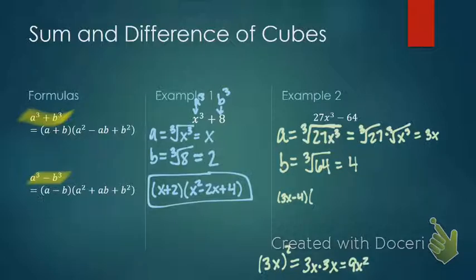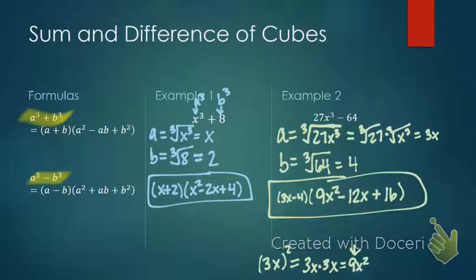So make sure that we know that that is a 9 right there, not a 3. We have 9x squared minus 12x because 3x times 4 is 12x. And then plus b squared, which is 4 squared, which we know is 16. So that's my answer to example 2.